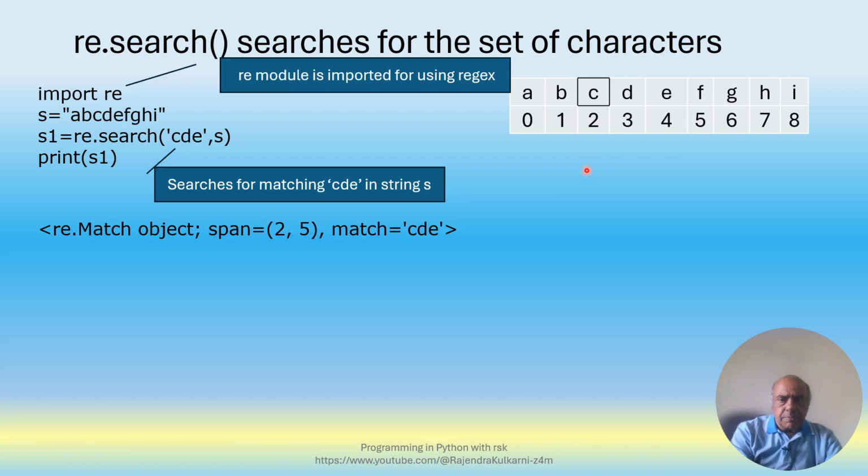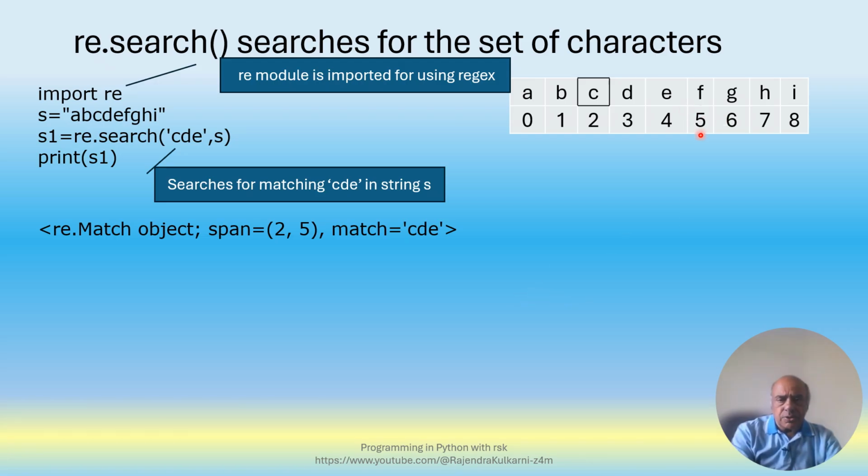This figure will explain it in a better way. In this string s, there are characters from 0 to 8: a, b, c, d, e, f, g, h, i. These are the indices 0, 1, 2, 3, 4, 5, 6, 7, 8. cde occupies places 2, 3 and 4, and our span given is 2 to 5. 5 is the end, which is not included.